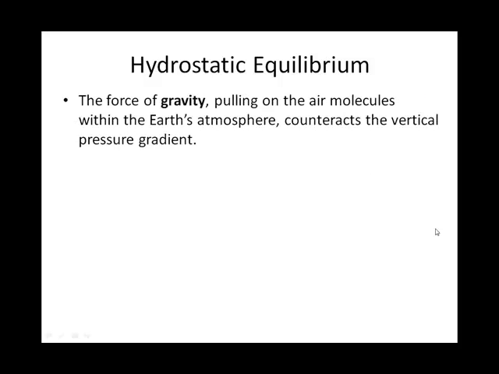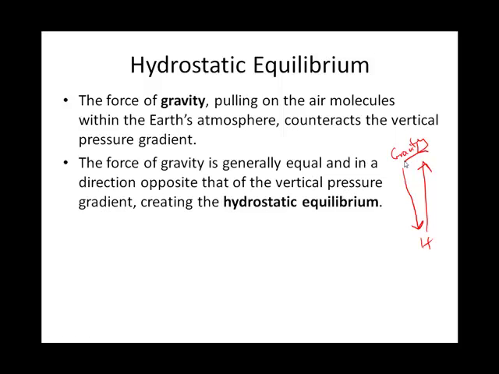And what balances our vertical pressure gradient force, this is the PGF, the vertical pressure gradient force from high to low, what balances that is gravity. And I have went ahead and went out on the internet and got a couple of pictures to show you this. But gravity basically balances the vertical pressure gradient force. Looks pretty messy right there, doesn't it?